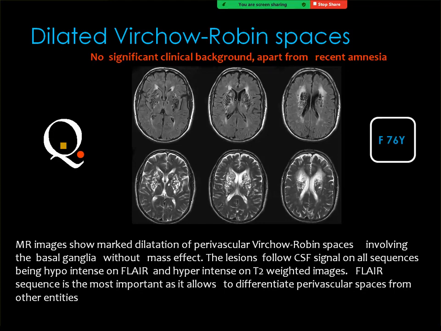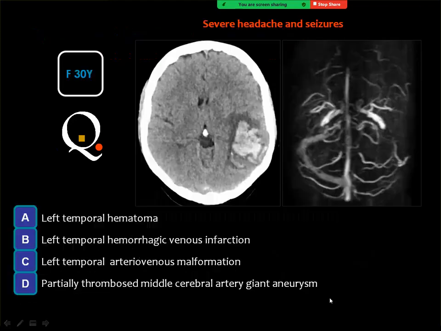But the location of the lesions in the brainstem, in the basal ganglia, in the high parietal areas, and the appearance of the lesions having CSF signal in all sequences are diagnostic of dilated Virchow-Robin spaces.